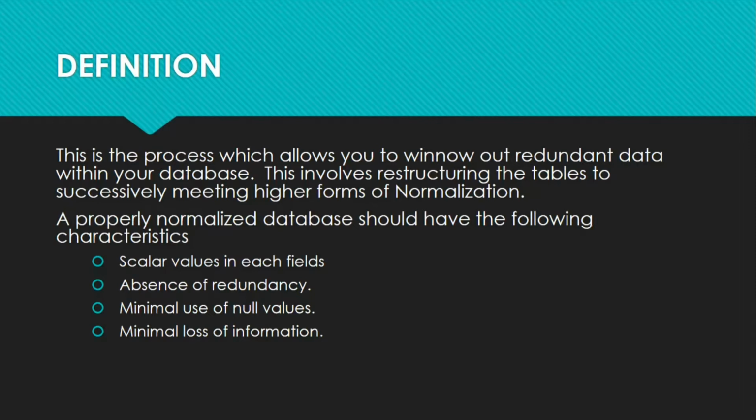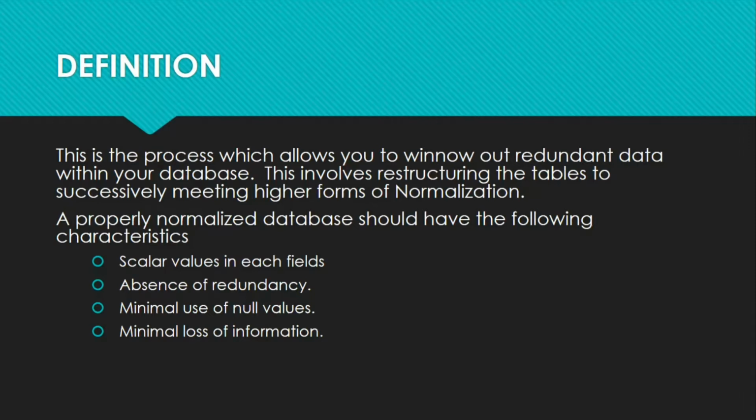So that is loss of information. So in normalization there is a minimal loss of information, minimal use of null values, absence of redundancy, and scalar values in each field.